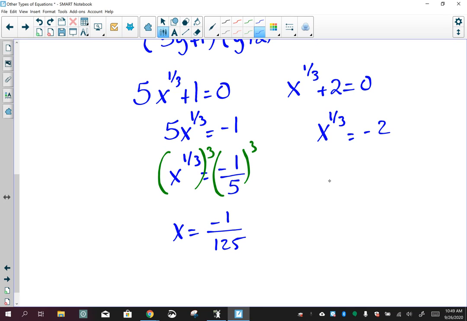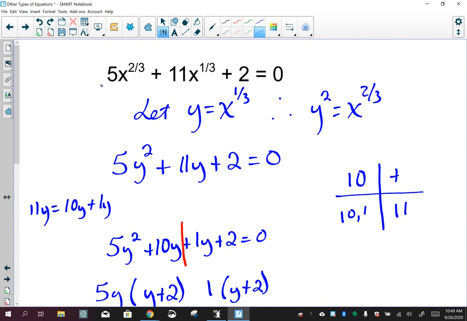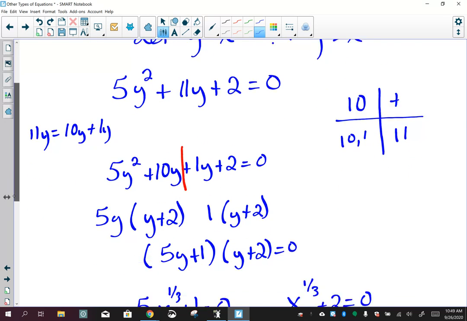I'm going to cube both sides, and so then I wind up with -8. Again, if you're not sure, plug it back into the calculator and see where this crosses the x-axis. So you take this whole entire thing here, plug this into the calculator, and you're going to look and see where it crosses.